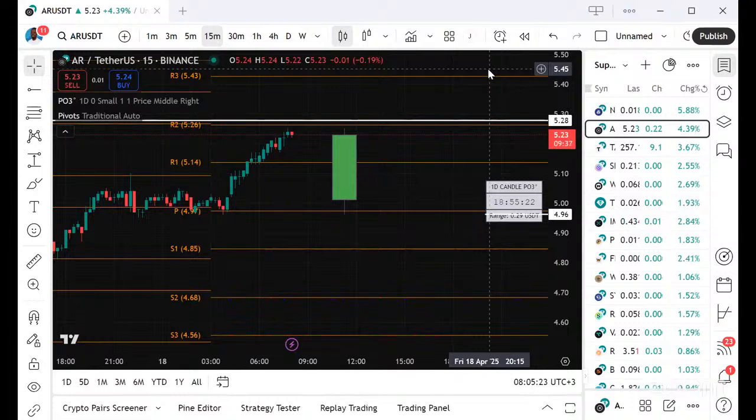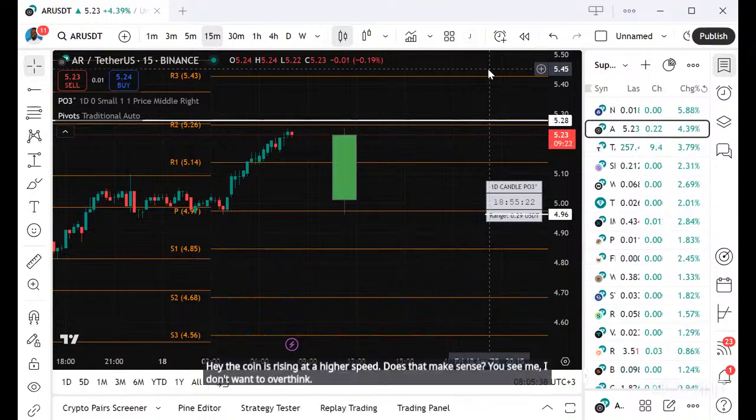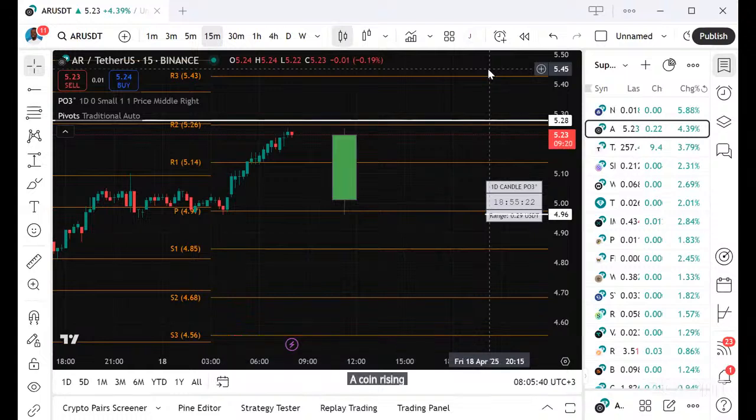Green candles. The green candles are more, yes, uptrend. The coin is rising at a higher speed. Does that make sense? I don't want to overthink. A coin rising at a higher speed or a coin falling at a higher speed, that is momentum.